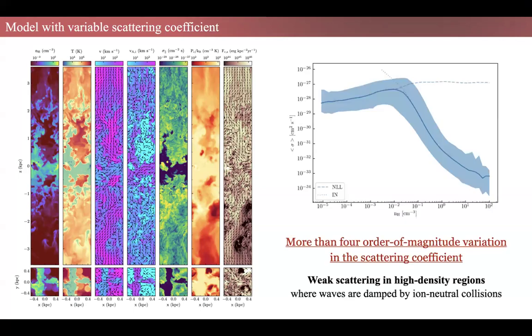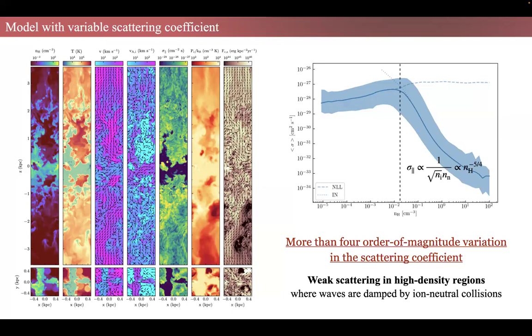Now, let's look at this plot showing the average value of sigma as a function of gas density. The solid line shows the average value of sigma, while the dashed and dotted lines show the value that sigma would have if the only damping mechanism at play was nonlinear Landau and ion-neutral damping. Now, in the low density regime, sigma is almost independent of the gas density.